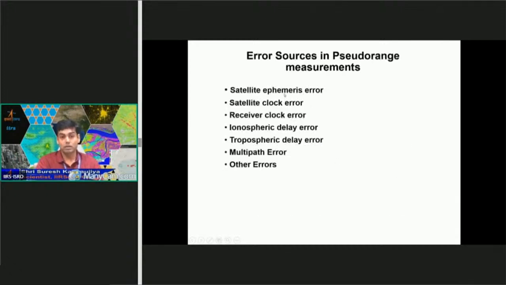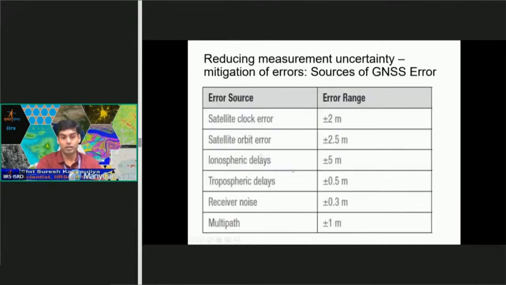So what are the different error sources in pseudorange measurement? Satellite ephemeris error, which is nothing but navigation and orbit error, satellite clock error, receiver clock error, ionospheric delay error, troposphere error, multipath error, and other errors. There are many other errors also, which we will discuss in subsequent slides.